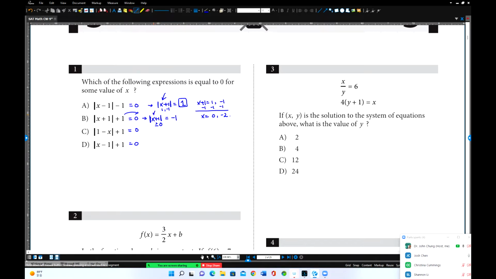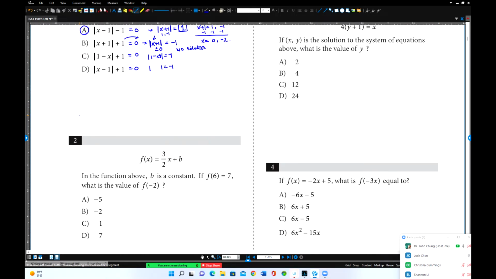There's no value of x that makes it negative 1. Choice C, same thing. This is an absolute value that equals negative 1, impossible. So only choice A has solutions.